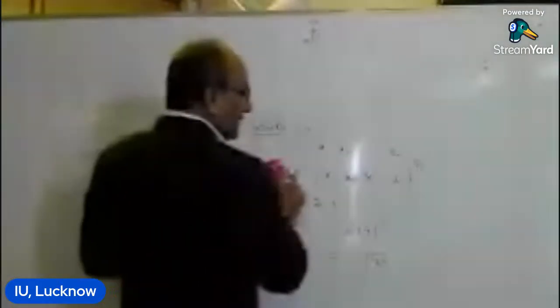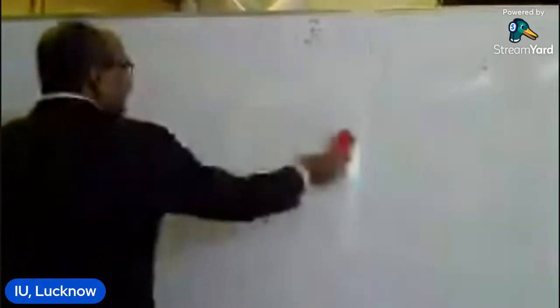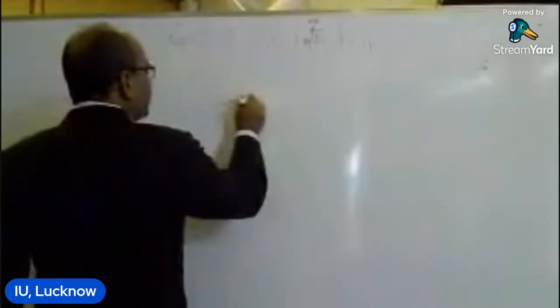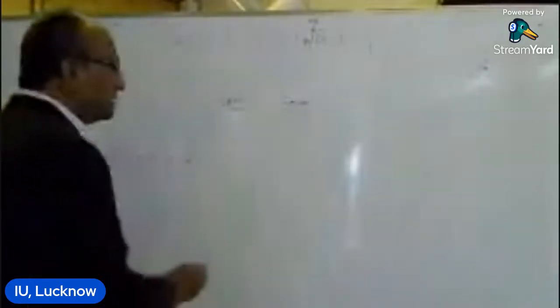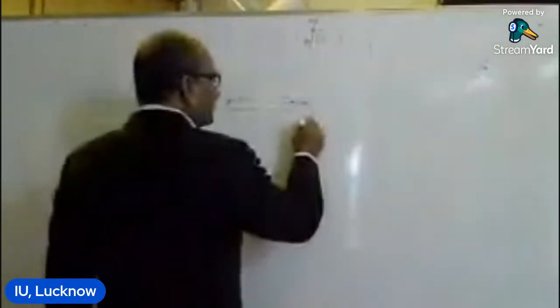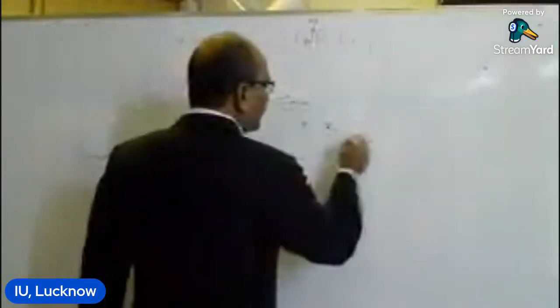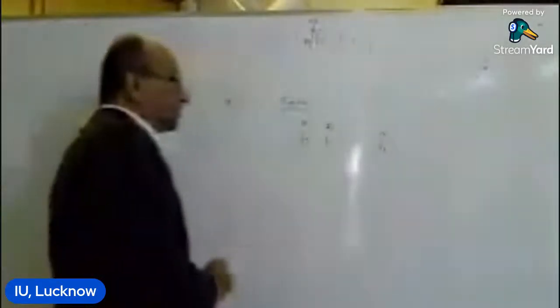Now in case of continuous observations, that means the data are given as x1, x2, xn with their frequencies f1, f2, and fn. This is grouped data.